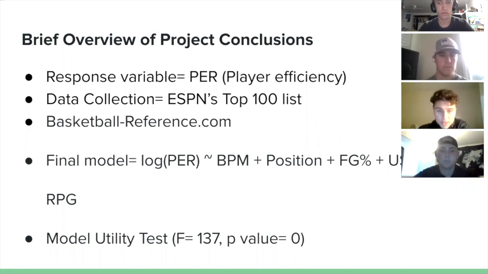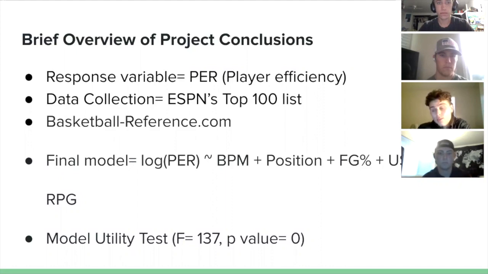So to collect our data, we used ESPN's top 100 list, which was, as the name says, a list of 100 players that ESPN predicted were going to do well in the 2018-2019 season.